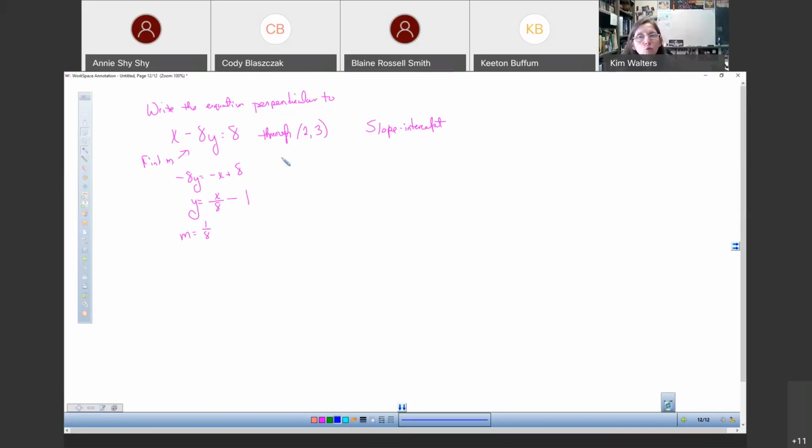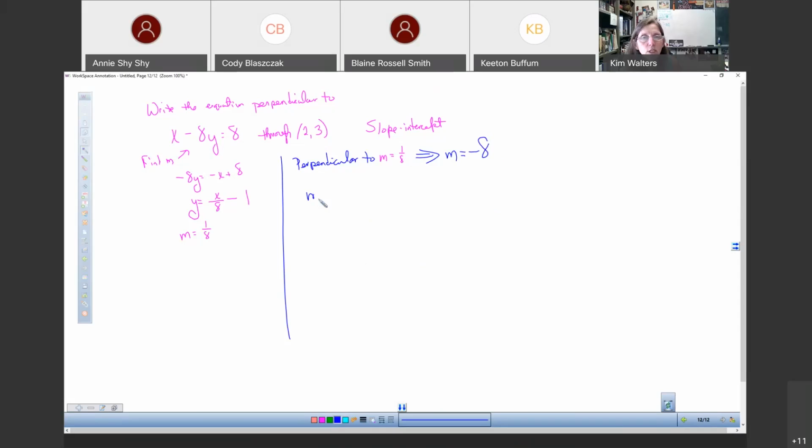However, to write the perpendicular line, since m is equal to 1/8, we need to change the slope to be negative 8, okay? If it's perpendicular to the positive 1/8, we need to flip it, make it 8, and change the sign to a negative.